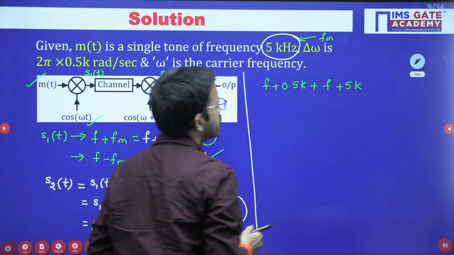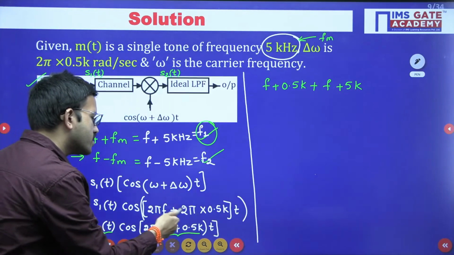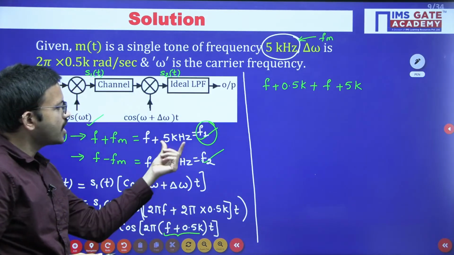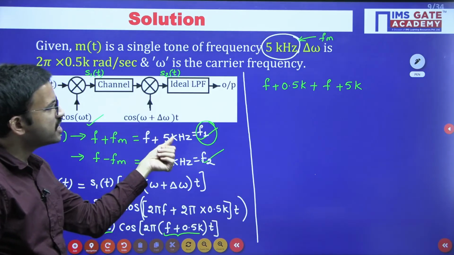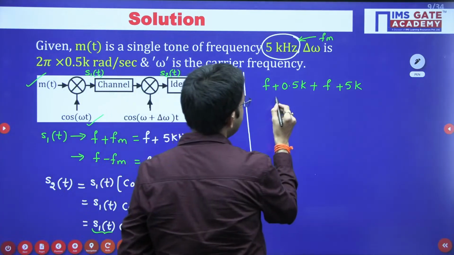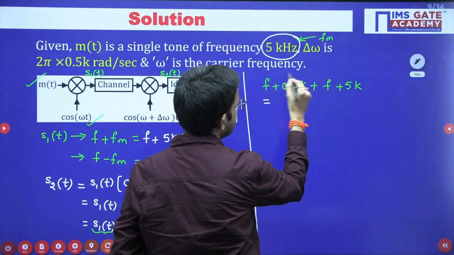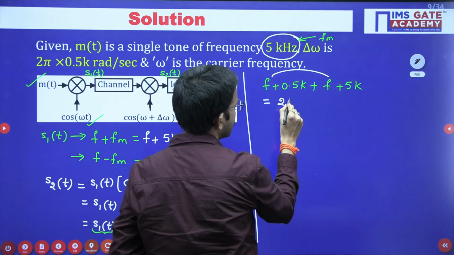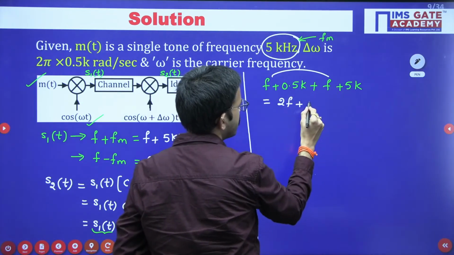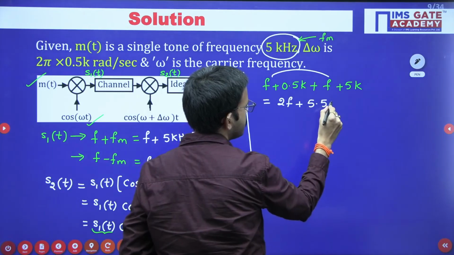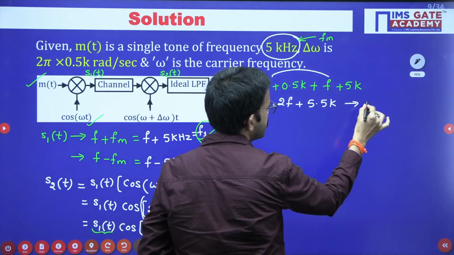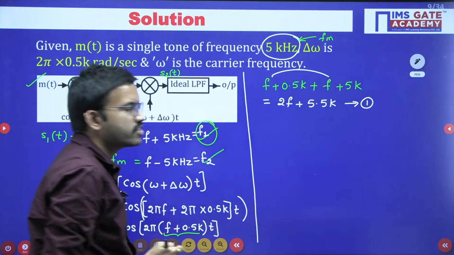I hope it is clear. Whatever frequency you have here, we have to add to f1, where f1 is f plus 5k. So from here you will get f plus f is 2f, and 5 plus 0.5 is 5.5 k. This is one frequency you are going to get.